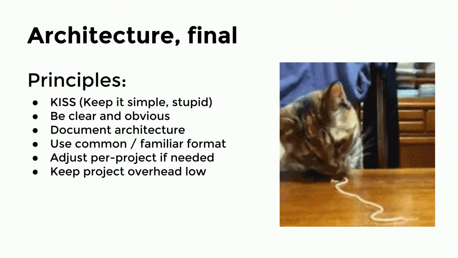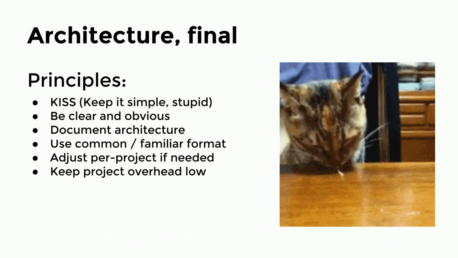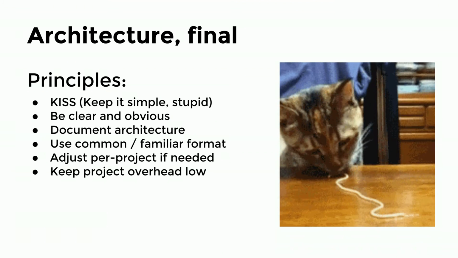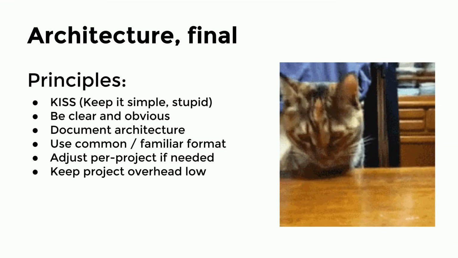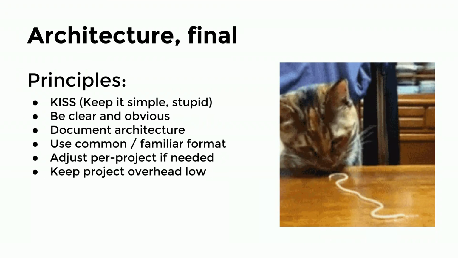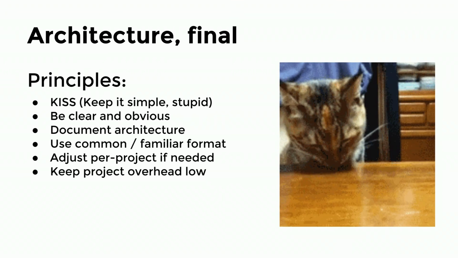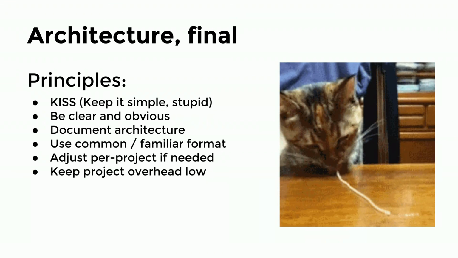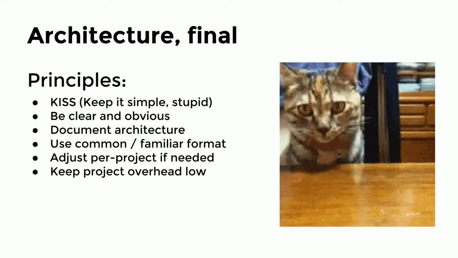And so the principles that I just went over. Keep it simple, stupid. Always, this is the best rule in life, I think, period. Always keep it simple. Document the architecture. In my README file for my themes, if I have a baseline that says, here's all my stuff, if anything changes, I add that to my README. It's very important that you document and comment what your build process is, how to start it, what the dependencies are, and all that kind of stuff. And obviously keeping it simple will make it easier to document.